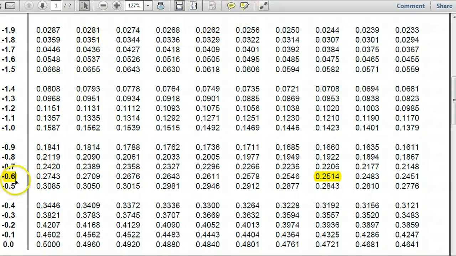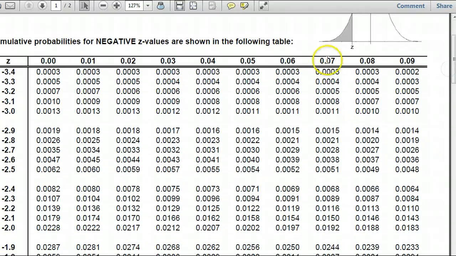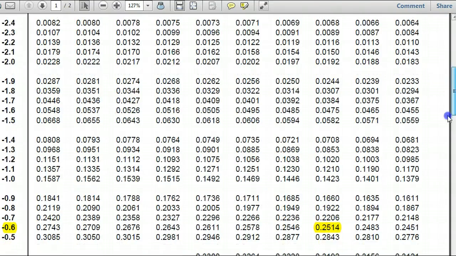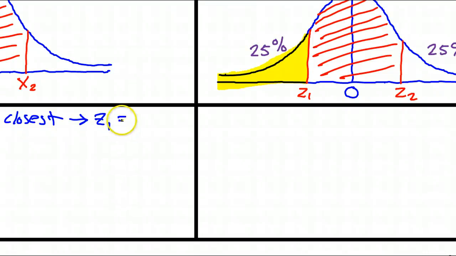This is going to give us the z value. So it's negative 0.6. Wait a minute, negative 0.6 what? Look above. Oh, I see. Negative 0.67. So this is negative 0.67. That is z1.